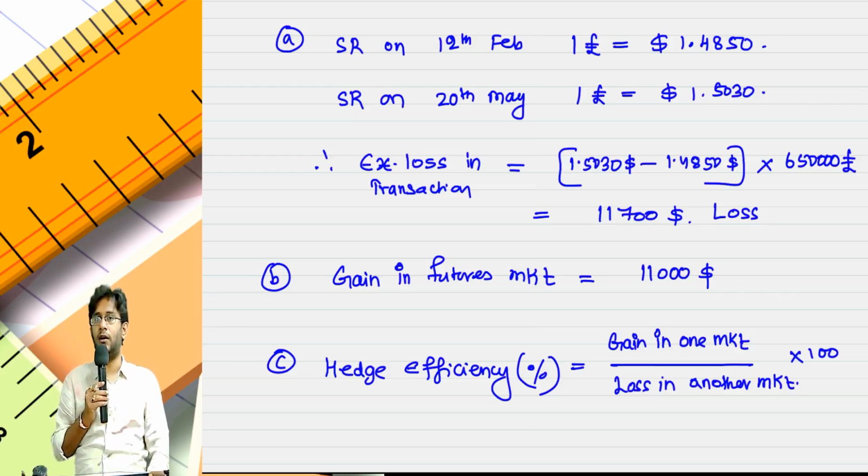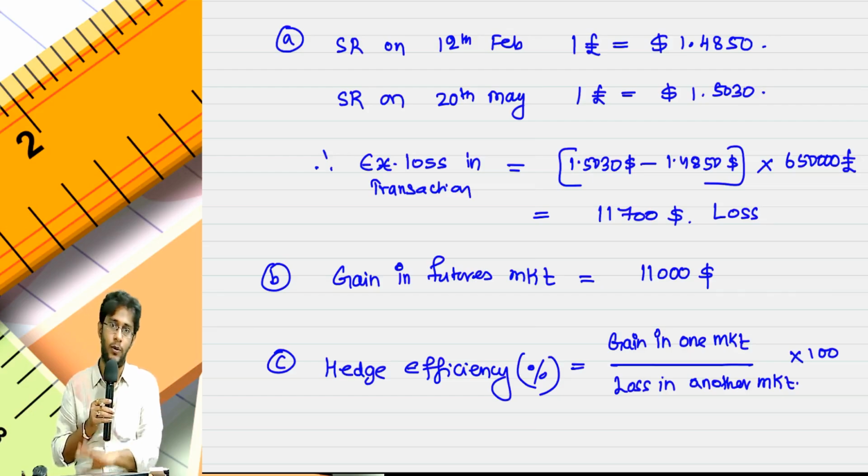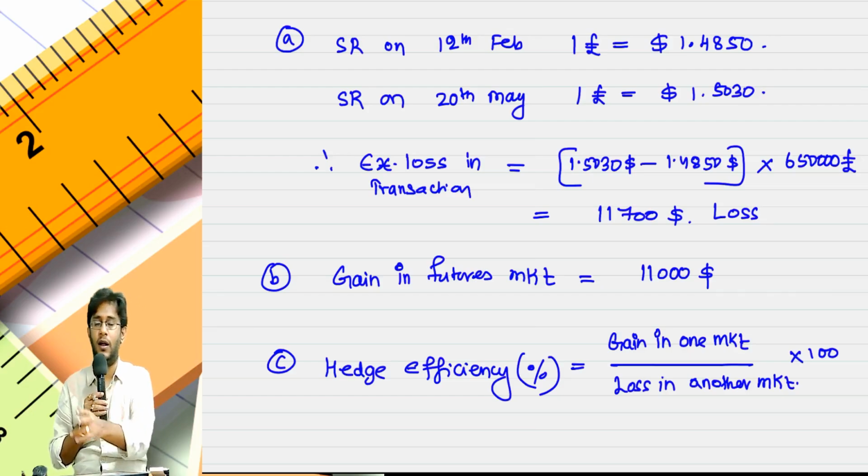Sir, which market? Like that rule is not. It's not like the hedging result should be in the numerator. Not like that. Gain by loss is the answer, because what happened is really loss happened and futures protected you.